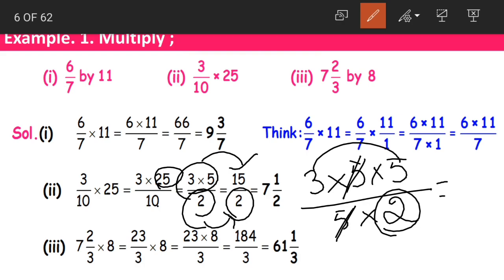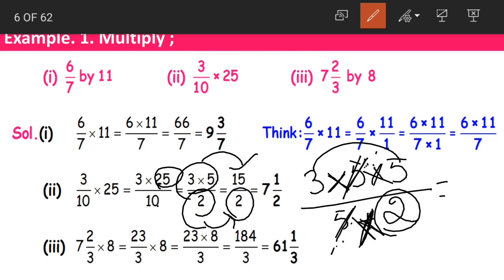What did we do here? We cancelled the common factors from numerator and denominator. Again remember, you can do this only when there is a multiplication sign. Now suppose if I had 5 plus 2 here, I cannot cancel these two. I cannot cancel both the numerator and denominator 5.